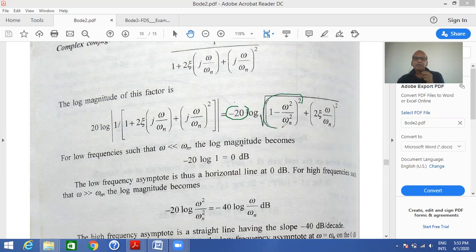This is the real term, this is the imaginary term, and the magnitude equals the square root of real square plus imaginary square.